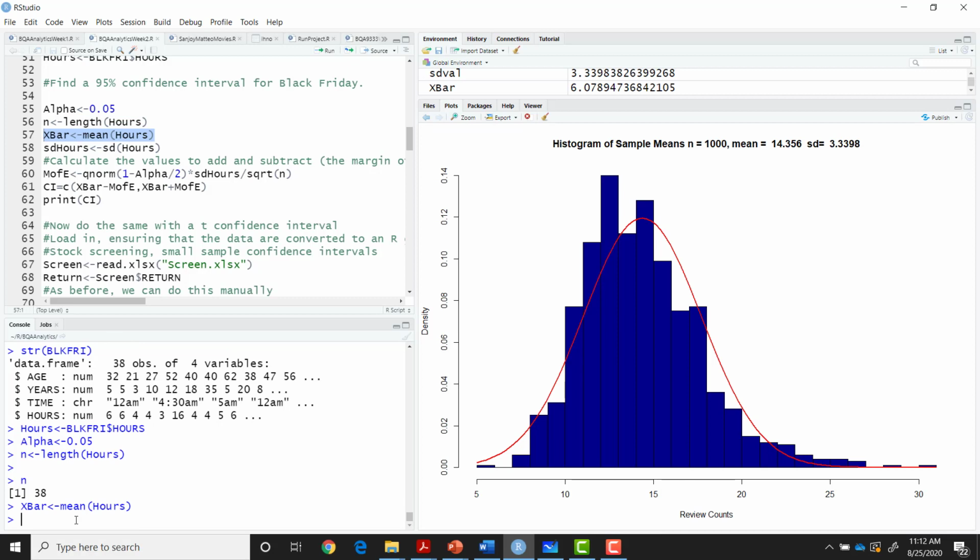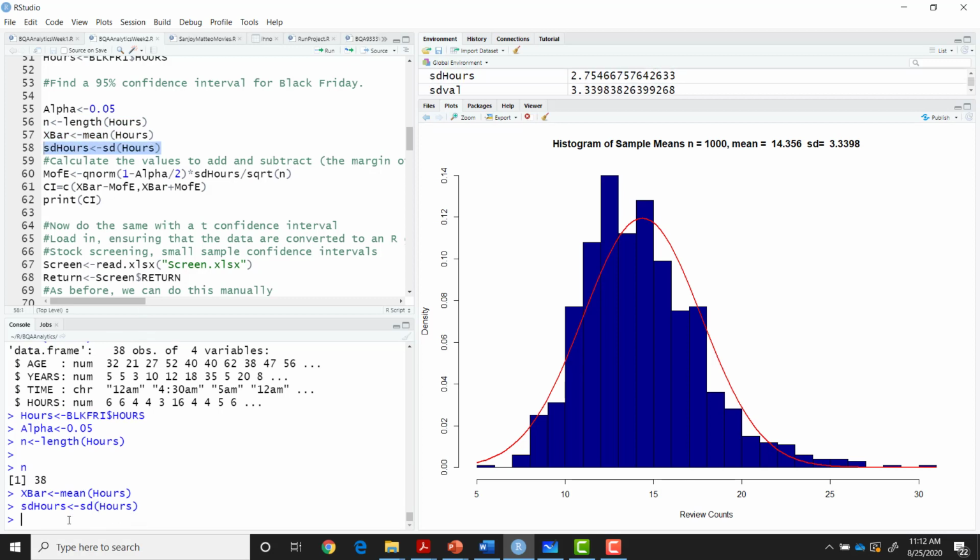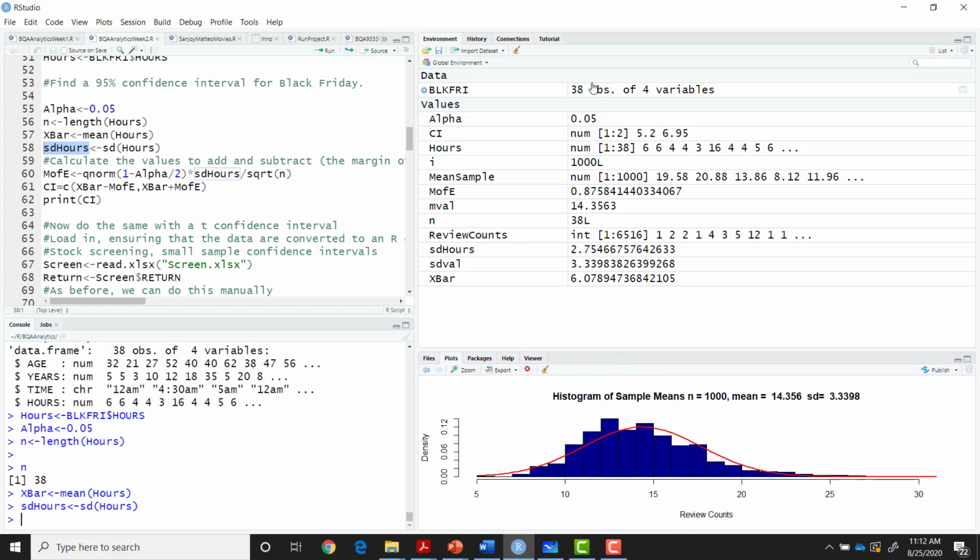We calculate the mean, and we calculate the standard deviation. And as I said, we generally don't know the population standard deviation, so we have to estimate it using the standard deviation from the sample. So let's see what these values are. We have my x bar, 6.07, and my standard deviation, 3.33.